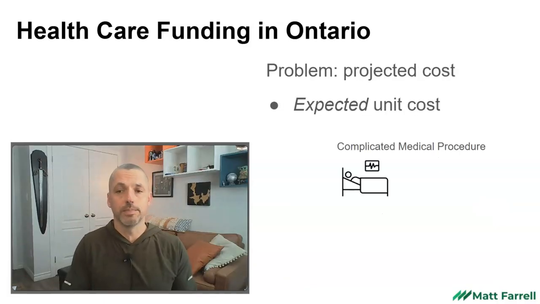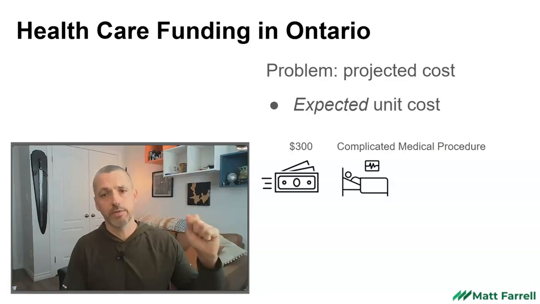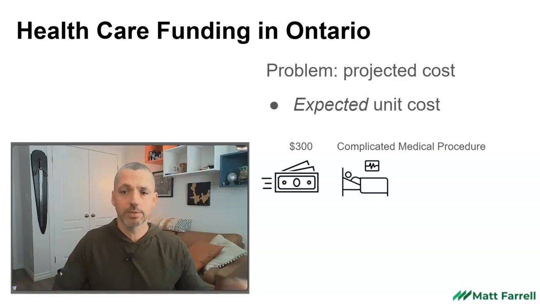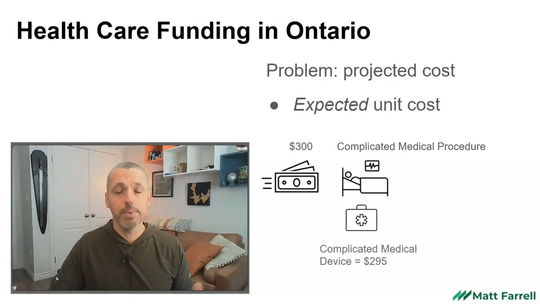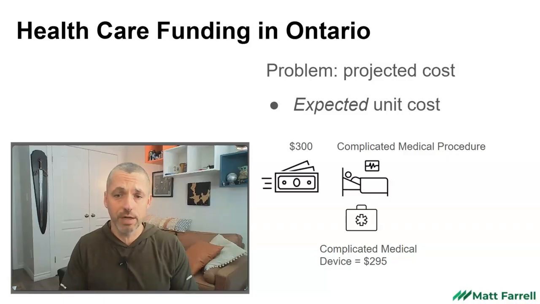What about costs? Well, the projected cost was based on assuming $300 for our complicated medical procedure. That's how much the province was giving the hospital, $300 per case. But some procedures require complicated medical devices. A complicated medical device in a procedure could cost $295.